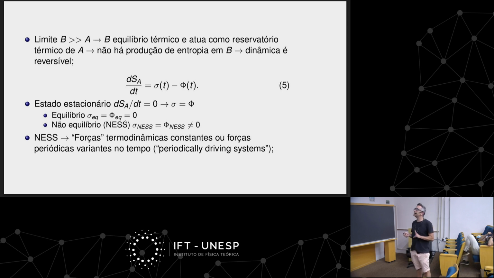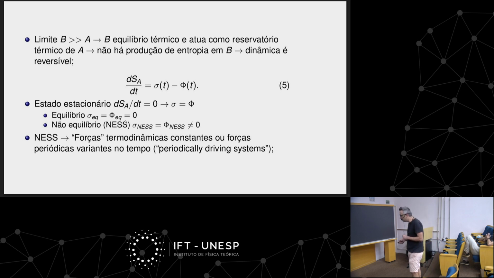This equation is important because it tells us the time variation of entropy of a system is the difference between two terms. This term is always positive and corresponds to the entropy production. And this term is an entropy flux, in which system A exchanges with the reservoir. This is the entropy production due to the irreversible process. In the steady state, you have this equal to this, and you have only two possibilities. Both are zero in equilibrium, and both are positive in non-equilibrium.